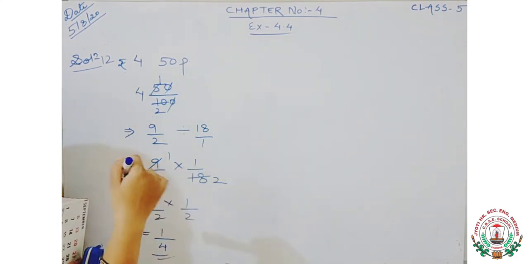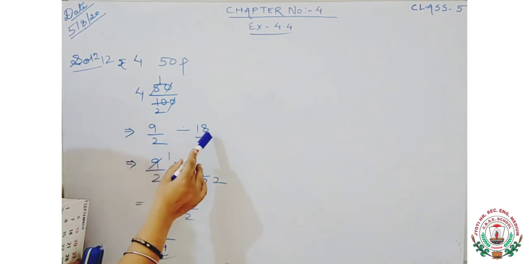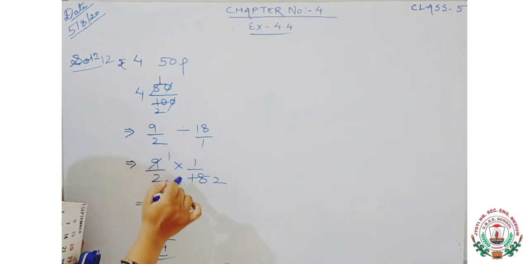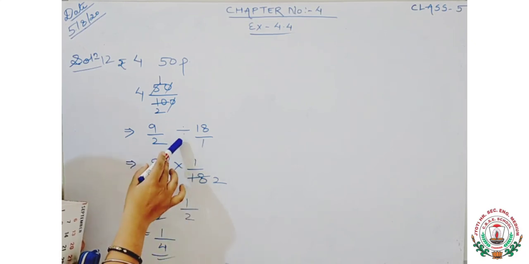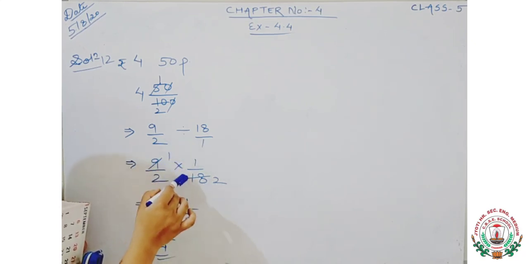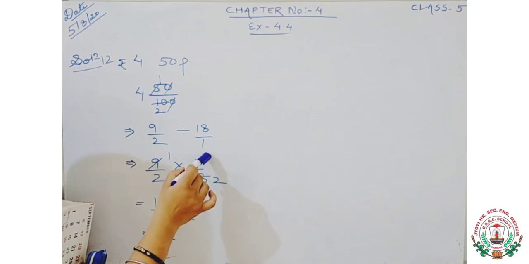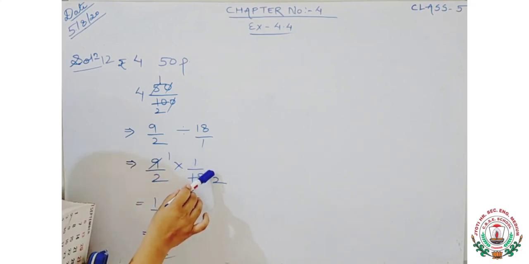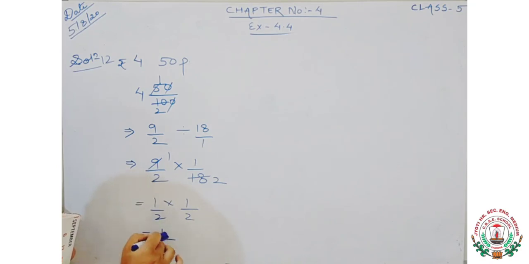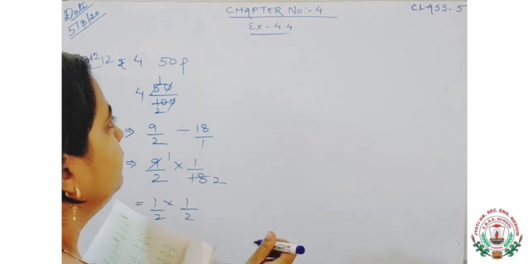Then you divide by the number you have to change into. And the division process you all know: whenever we are dividing fractions, we change the sign to multiplication, and the second number is changed to its reciprocal. Then cancel it out and write the answer.